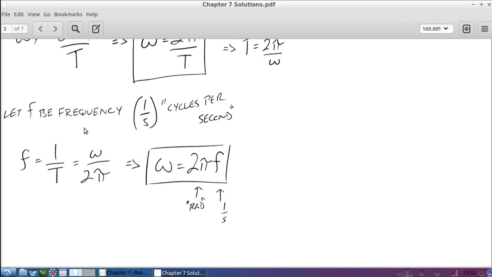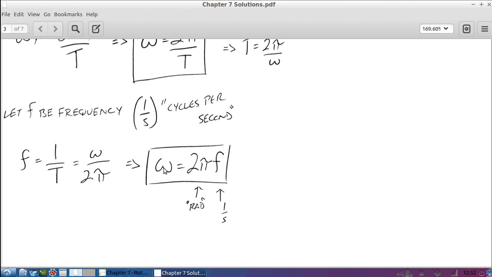The inverse of the period is omega over 2 pi, right? See this right here? So omega over 2 pi is equal to f. So that means the angular frequency is the frequency times 2 pi. That's how we get our radians back in our units, right? So if you're ever given the frequency, you can convert it to angular frequency just by multiplying it by 2 pi.